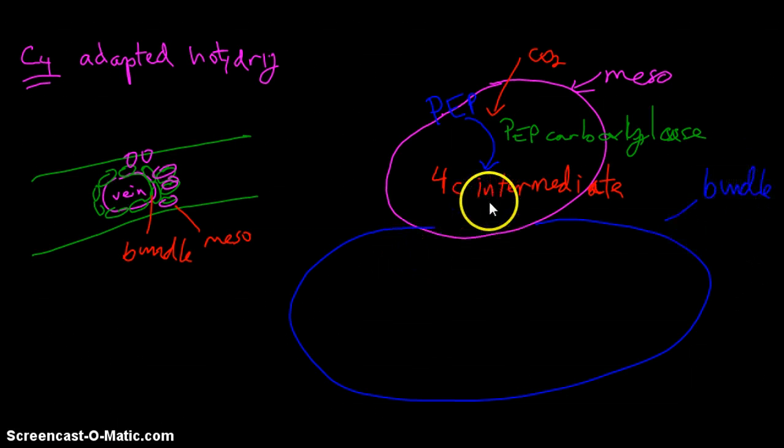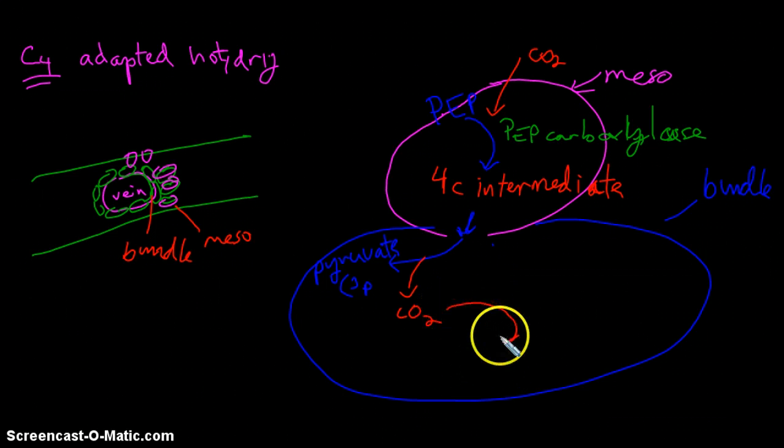And when the 4-carbon intermediate passes through the plasmodesmata into the adjoining bundle sheath cell, pyruvate, that 3-carbon molecule, is split off, and carbon dioxide is released and able to enter the Calvin cycle.